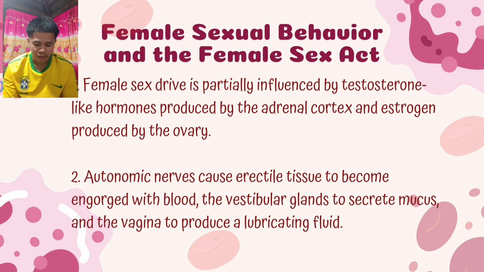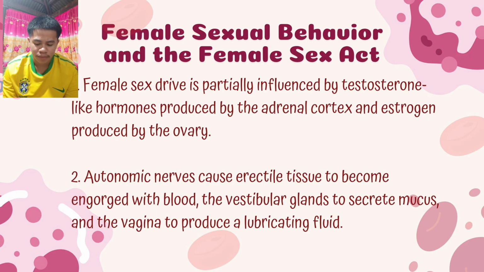And third one, ma'am, we have female sexual behavior and the female sex act. First definition: female sex drive is partially influenced by testosterone-like hormones produced by the adrenal cortex and estrogen produced by the ovary.